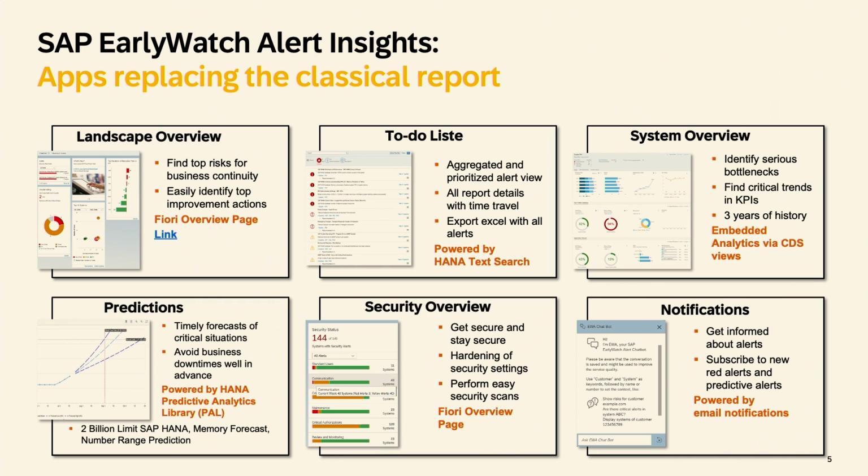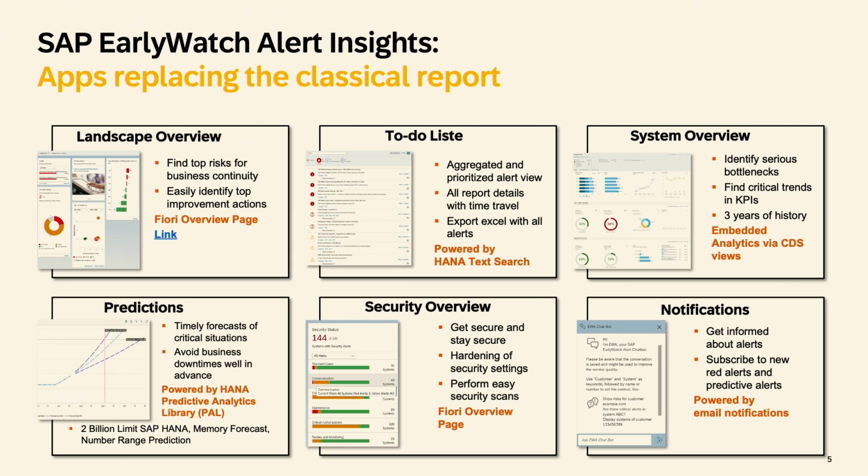Then we have predictions. So we are using the analytics library within HANA to do the prediction. We have the time series, for example, for the number of records in a certain table, and then we predict how this table is going to grow over time. And with this prediction, we can see when a certain limit will be reached.